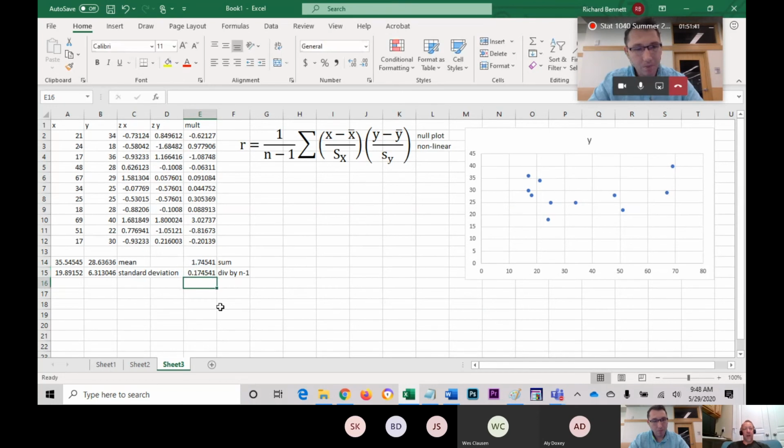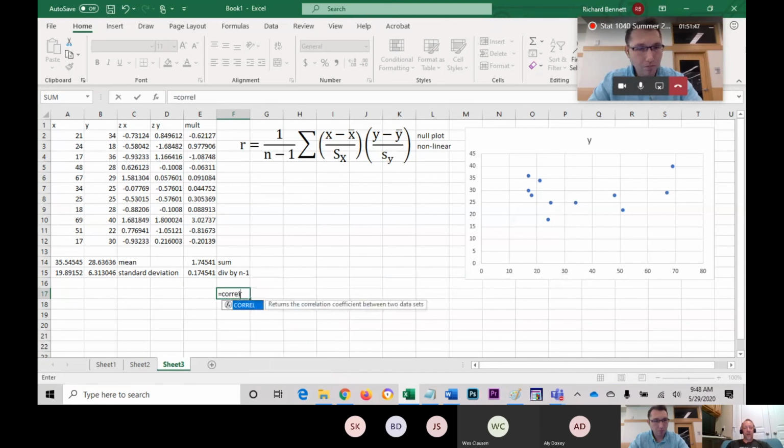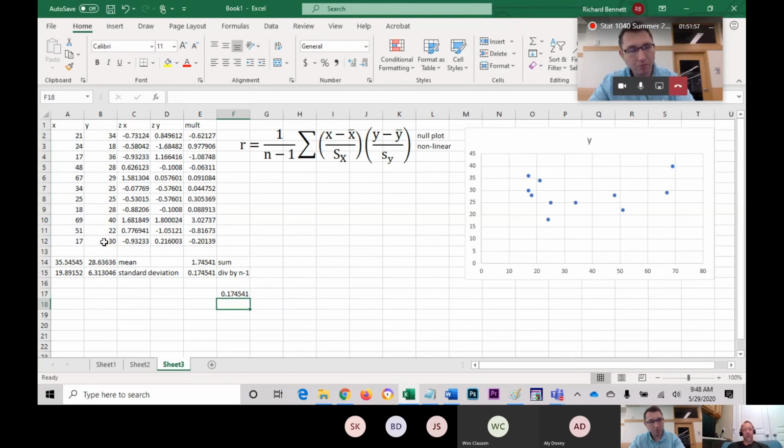Okay. All right, so now your calculator probably can, if you're using Excel, you can find the correlation coefficient. You would use the X variable and you would put a comma for the Y variable, and you can check your answer, which is exactly 0.174. So you can now show that you're as smart as a computer.